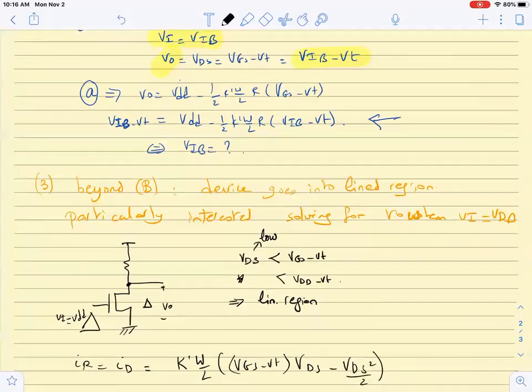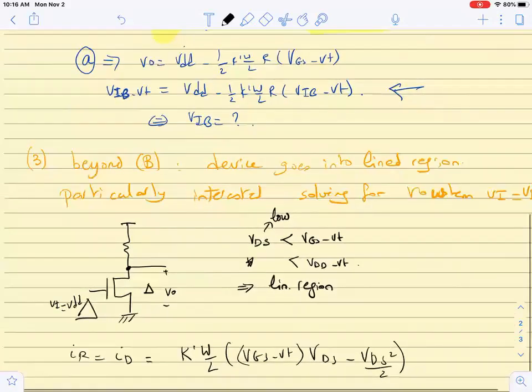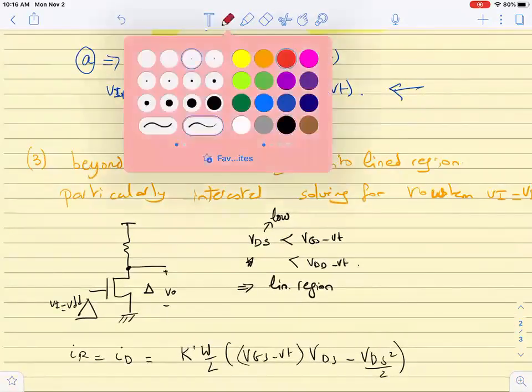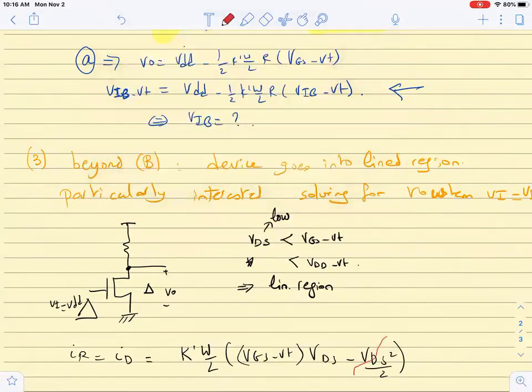Now, we can make some assumptions, okay, that VDS squared is approximately 0 because VDS is very small. In this case, it is the lowest possible it can reach.